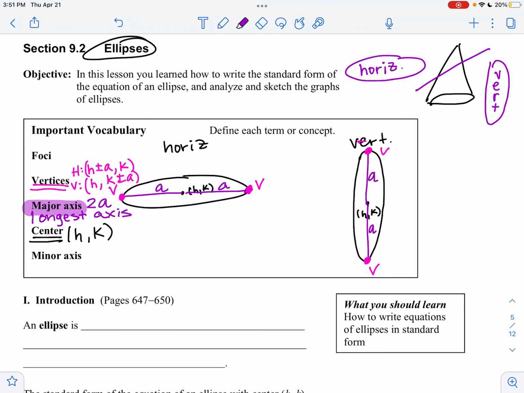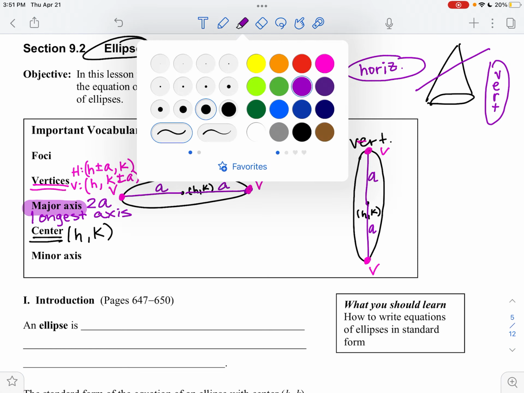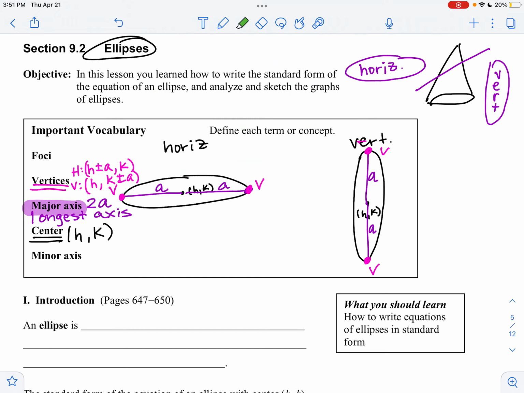We also have a minor axis here, and a minor axis is the shorter axis. It's the shorter axis, so I'm going to put that in green right here. And that's the distance of B. So the minor axis is the distance to B, and it's the shorter axis.